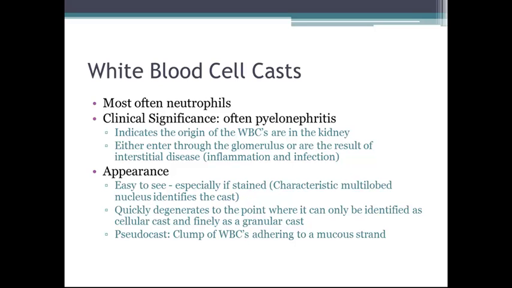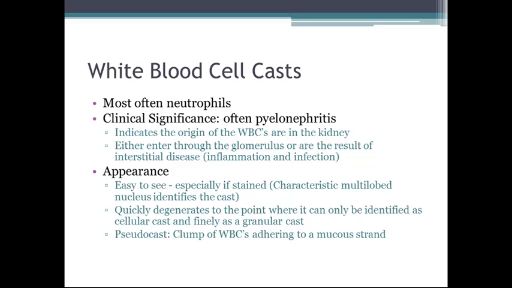The appearance: they are typically easy to see, especially if they are stained, because there's a multi-lobed nucleus that helps identify the white blood cells as neutrophils, and this helps identify the casts. They quickly degenerate to the point where they can only be identified as cellular casts or as a finely granular cast.